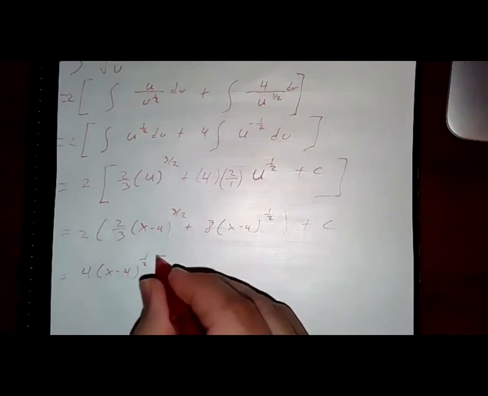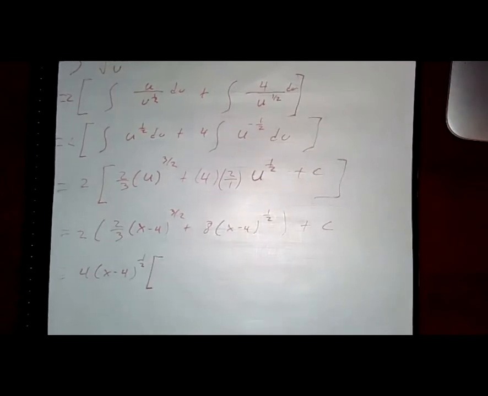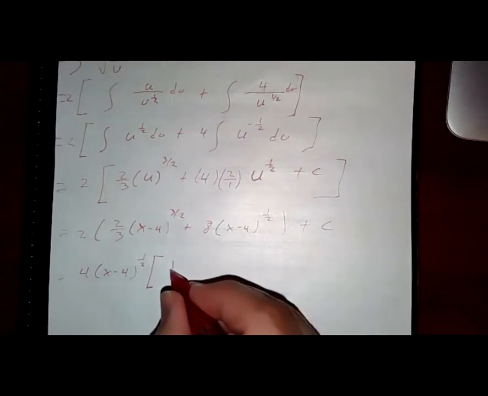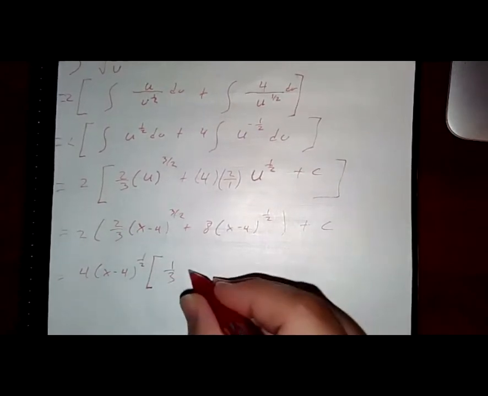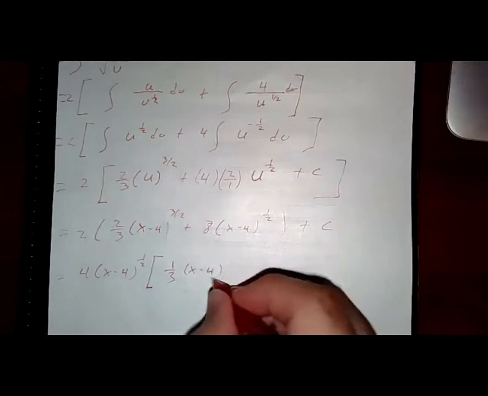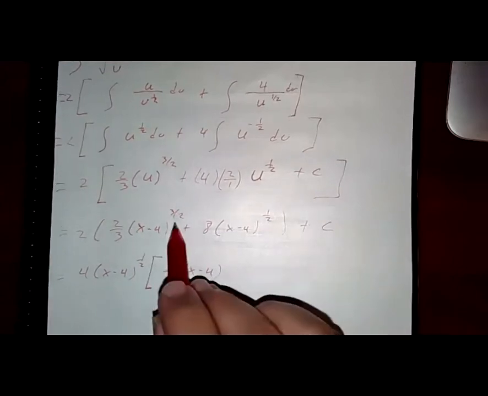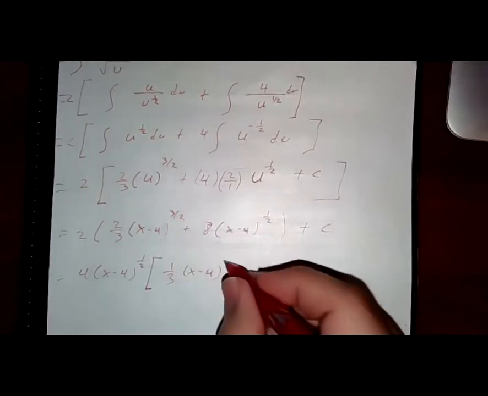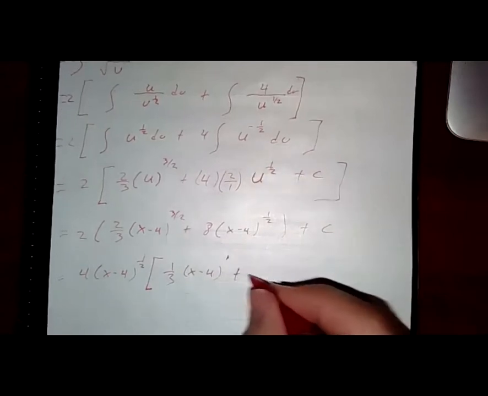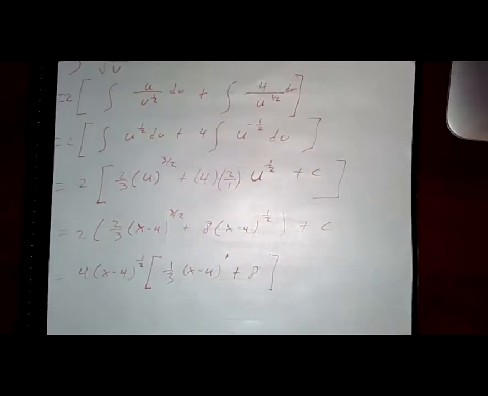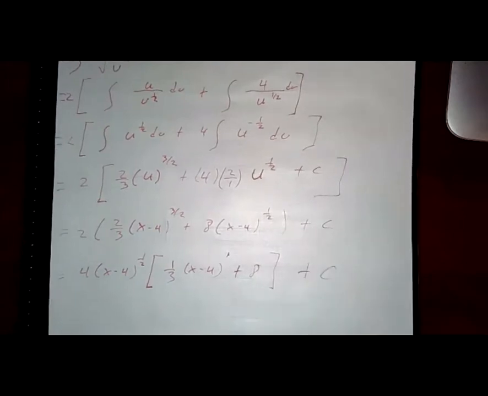I'm factoring that out of everything, which would leave me with 1/3 times x minus 4 (I factor out 1/2, that leaves 2/2, which is 1) plus 8, plus c.